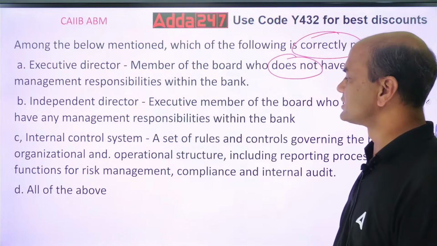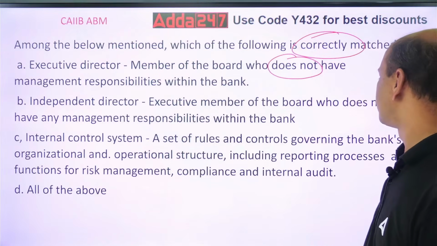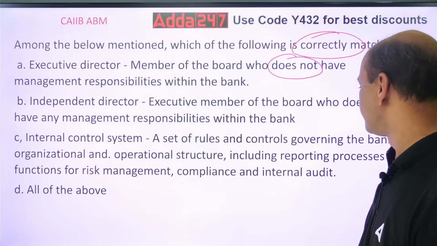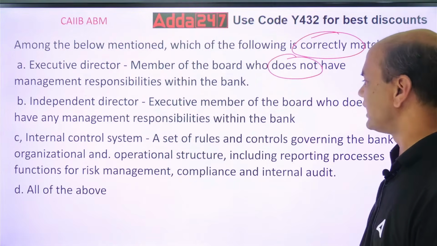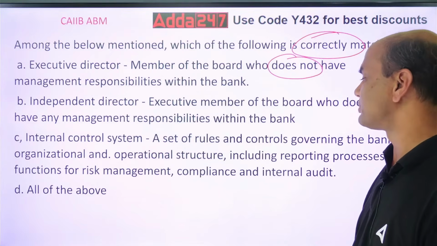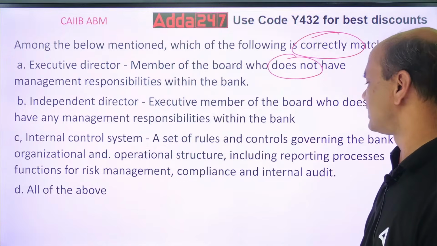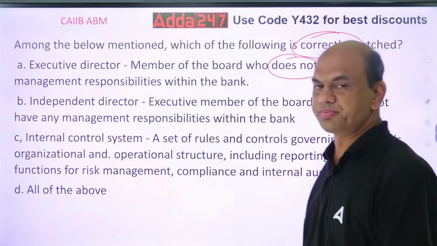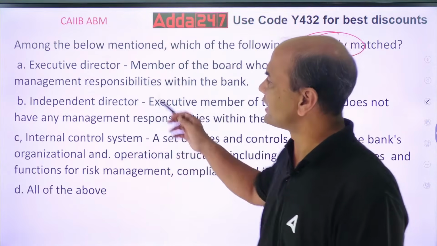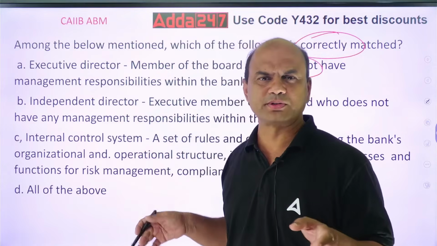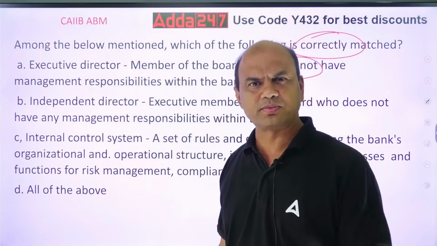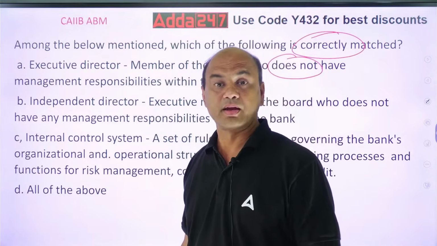Internal control system, a set of rules and controls governing the bank's organizational and operational structure, including reporting processes and functions for risk management, compliance and internal audit, and all of the above. So which of them is correct? Do you mean to say that an executive director does not have any responsibility? Or an independent director does not have any responsibility? It can't be the case.